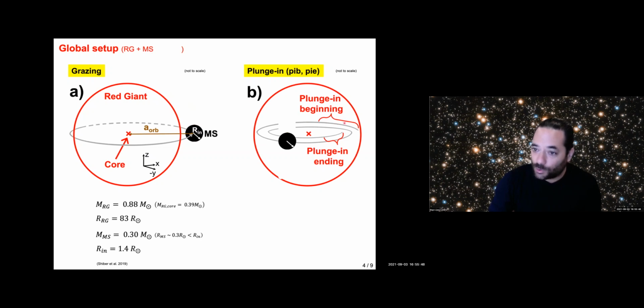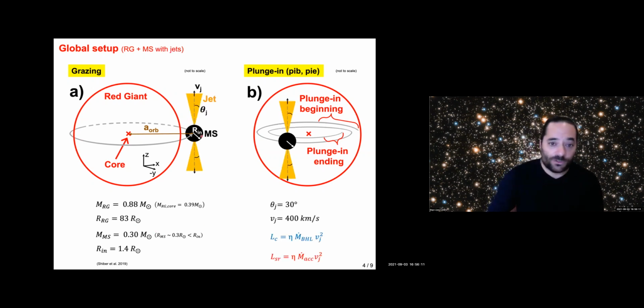So we analyze two moments: one when it has just crossed the envelope, and then when it's way within. So this is the plunging: beginning of the plunging, end of the plunging. Here is the mass of the main sequence star.